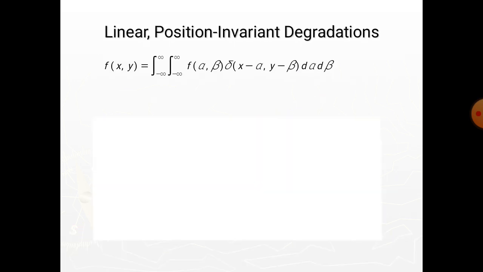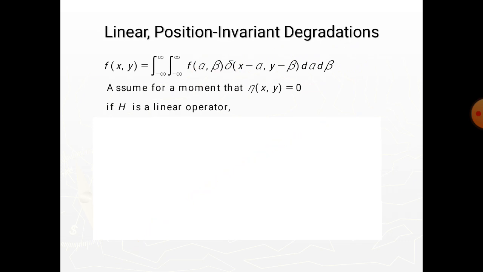So f of x,y is equal to the integral from minus infinity to infinity, and the integral from minus infinity to infinity, of f of alpha, beta times delta of x minus alpha, y minus beta, d alpha d beta. So here are the substitutions. Assume for a moment that n of x,y is equal to 0 and H is a linear operator.